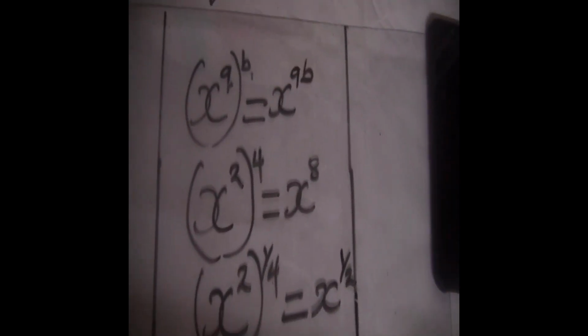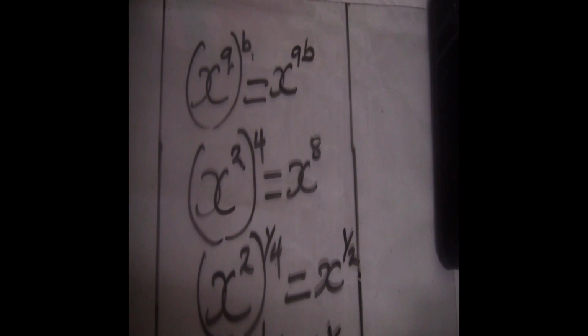So our case is x raised to power a half. That's how you go about the power of index rule. Power of index rule, you multiply the indices. So you can pause the video, check from above, and let the concept sink.